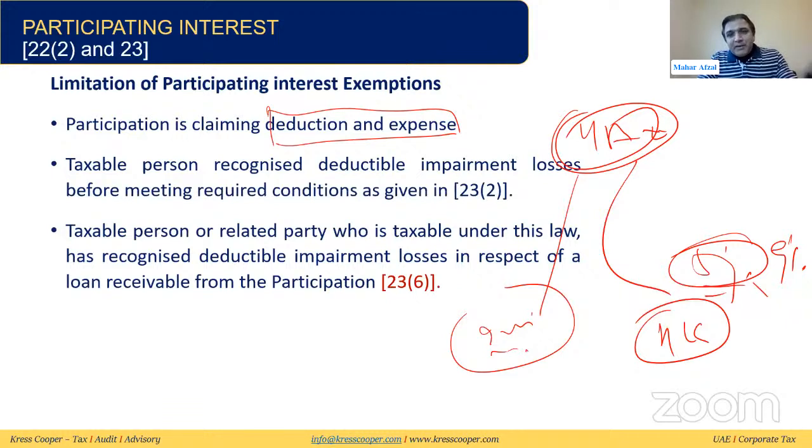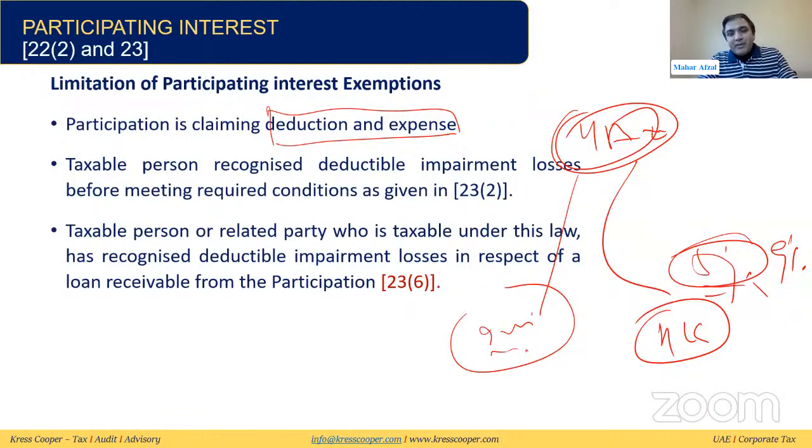So if the UAE company is claiming any deduction, then this exemption will not be available. Then, if the taxable person recognizes deductible impairment losses before meeting the conditions, the same thing that we discussed.